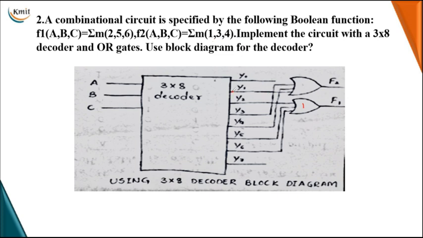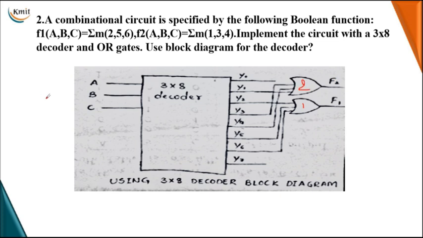Hence we connected here directly the output of your 3 by 8 decoder y1 as one of the inputs, and the third output term of your 3 by 8 decoder along with the fourth output of your 3 by 8 decoder is acting like the third input to this second OR gate, which can implement your f2.